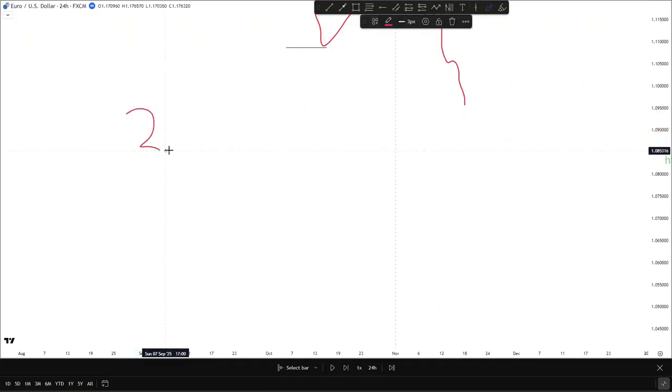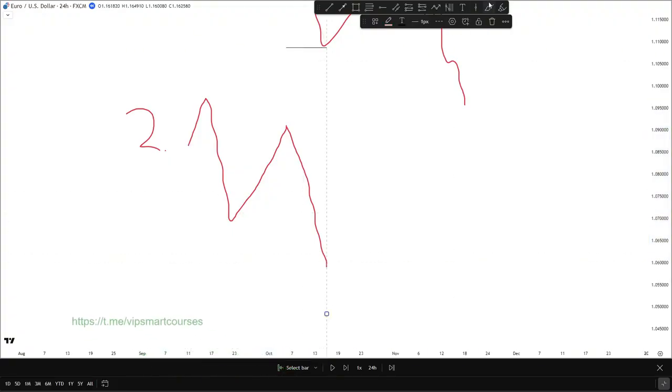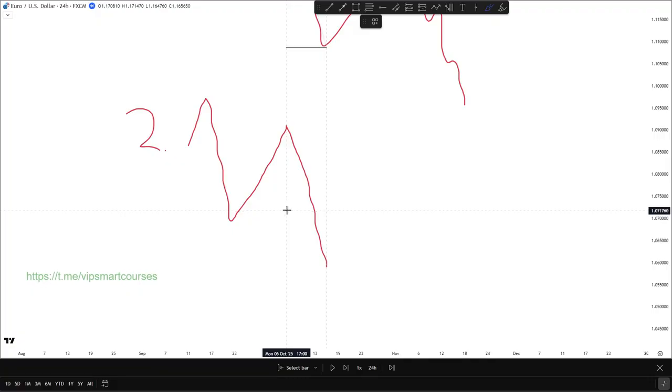The second scenario is that, let's say when the next week starts and opens right here, we formed a new dealing range.